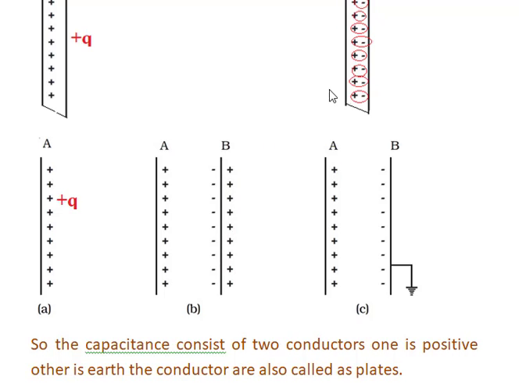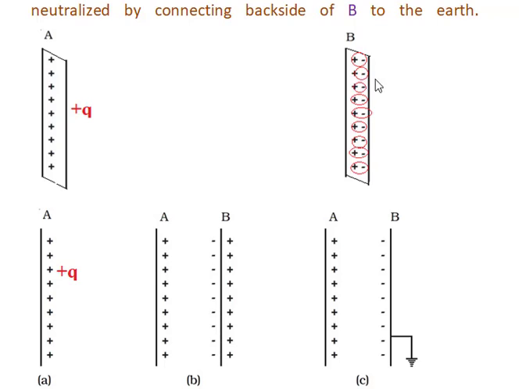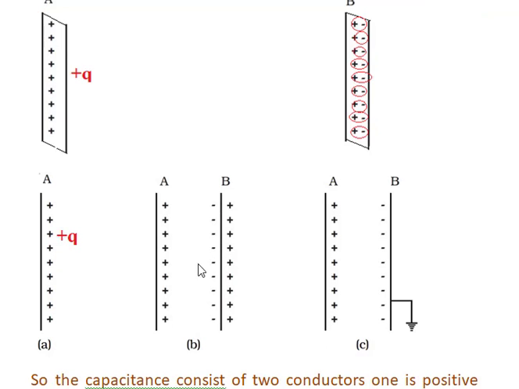So already in the plate B, the plus and minus charges are bound together. When it is brought near to this plate, the positive charges in the plate A attract the negative charge and repel the positive charge.